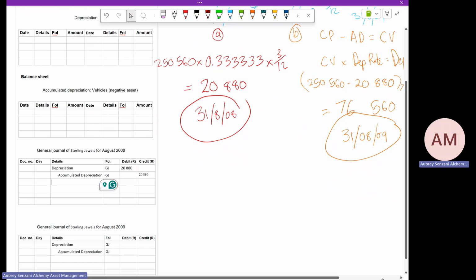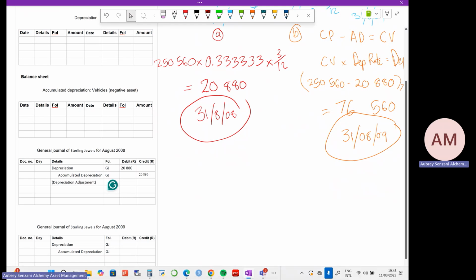You can call it depreciation adjustment. Then we want to close off depreciation. Accumulated depreciation, we're not closing off because it's a negative asset.